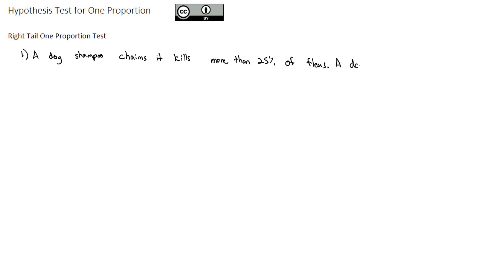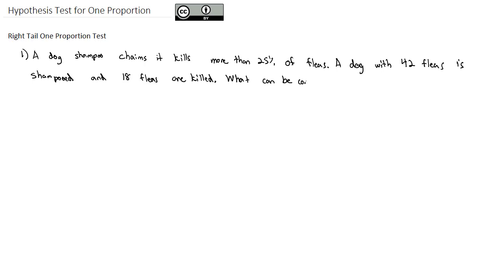And a dog with 42 fleas is shampooed and 18 fleas are killed. We want to know, what can we conclude if alpha equals 0.01.